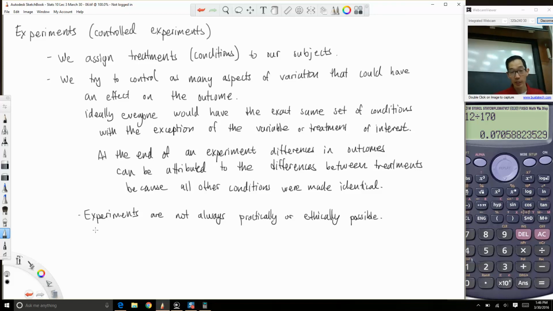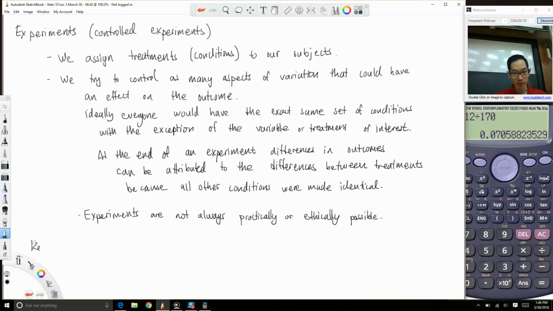So I guess the big difference would be with observational studies, you can only say association, and with experiments, if properly done, you might be able to say there is a causal relationship, okay?